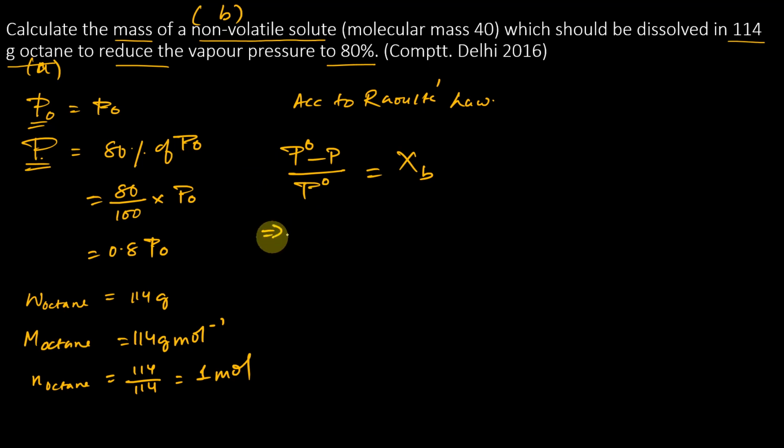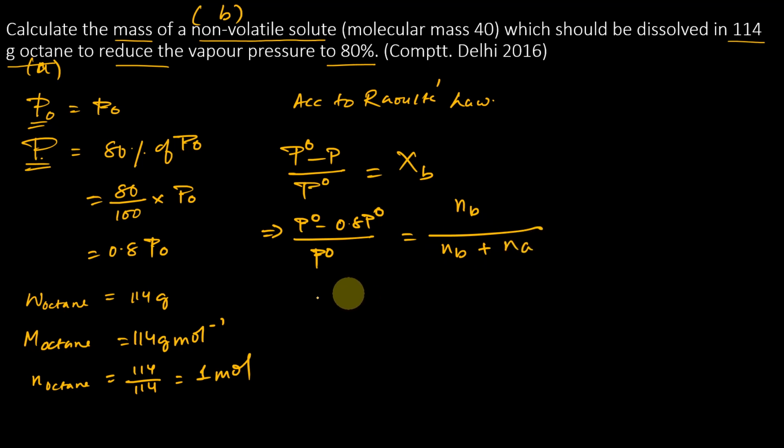So this comes to be P naught minus 0.8 P naught divided by P naught. What is the mole fraction of the solute? The mole fraction of the solute will be the number of moles of solute divided by the number of moles of solute plus the number of moles of solvent. So this will give you 0.2, right?